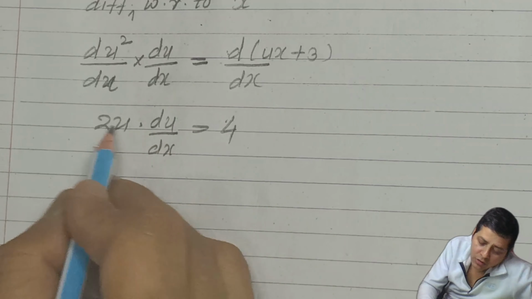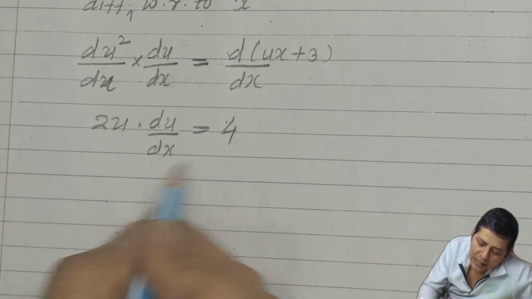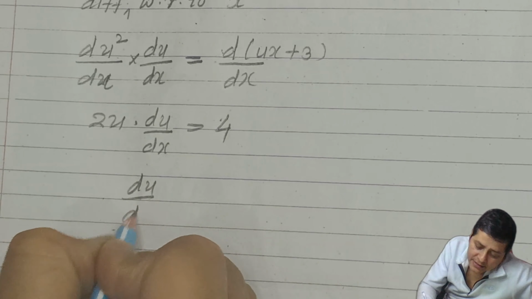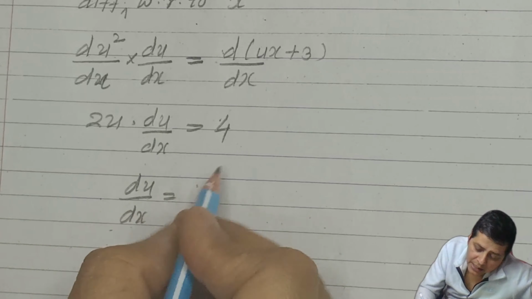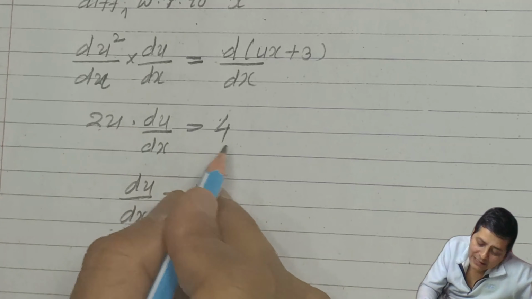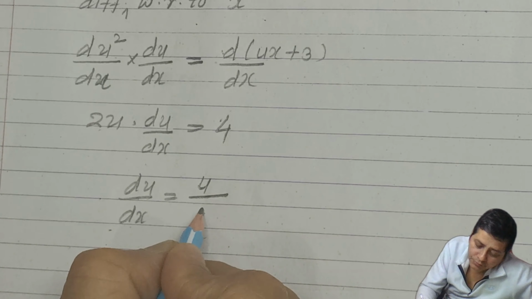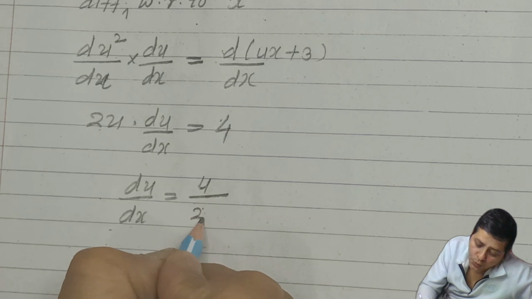Now, because it is multiplication and 4, you could have struck it like that, but still let's simplify. du by dx is equal to 4 by 2u.